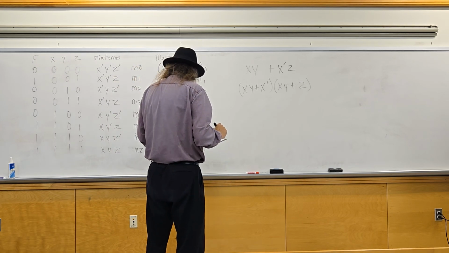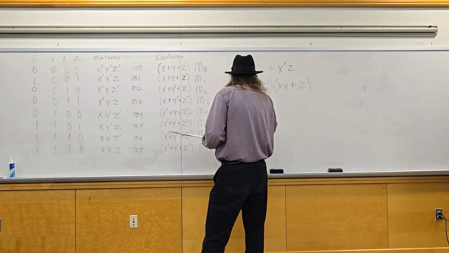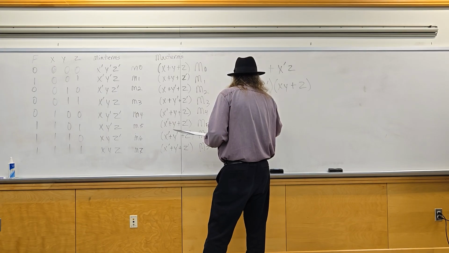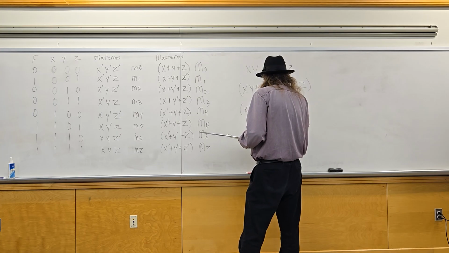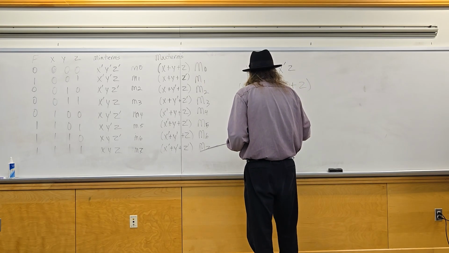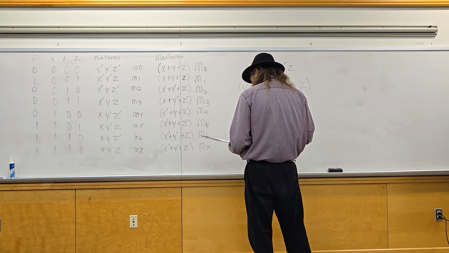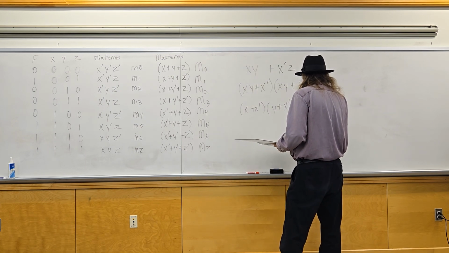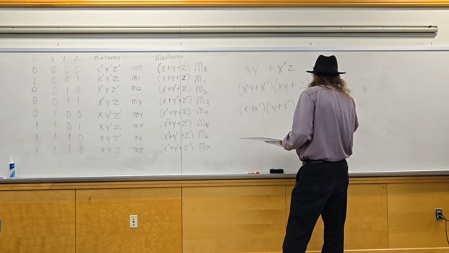Then the distributive law again, you get X plus X prime Y plus X prime and X plus Z, Y plus Z.